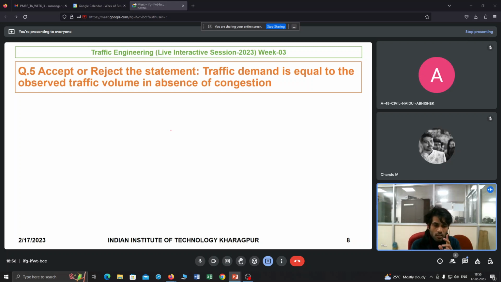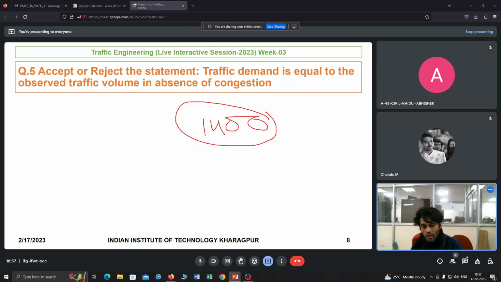Why this is important is, suppose you go and collect traffic data and say that this is the demand of that particular segment, but actually the demand is something else. Suppose you want to improve a particular section where congestion is high. You calculate that maybe 1400 vehicles are going, which is the current capacity.